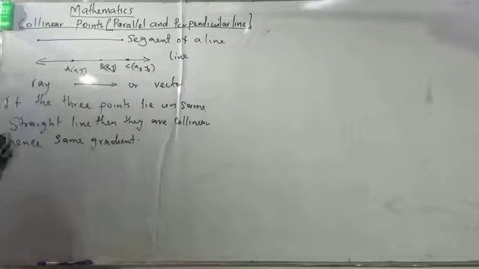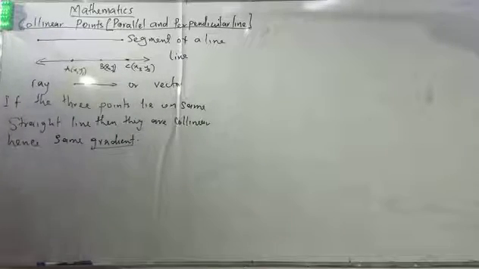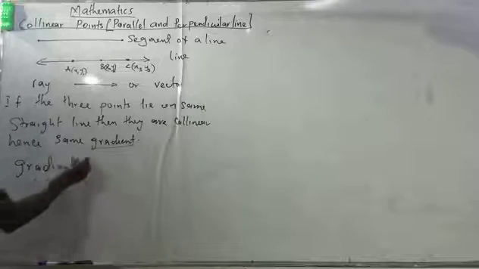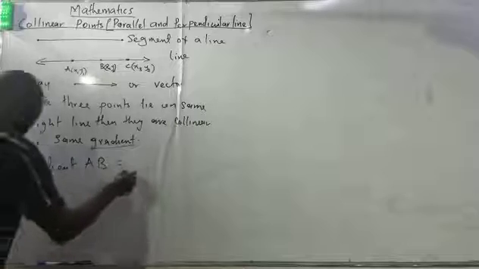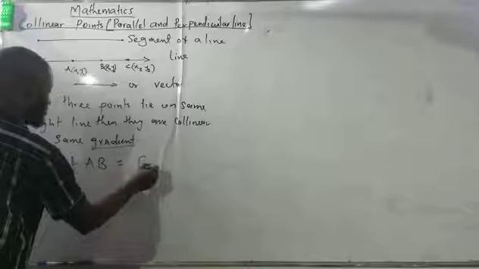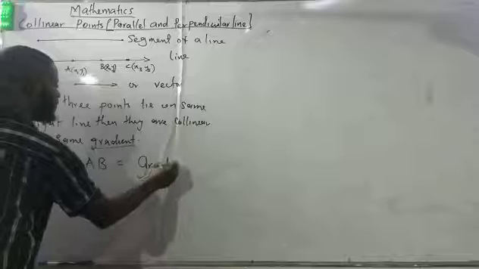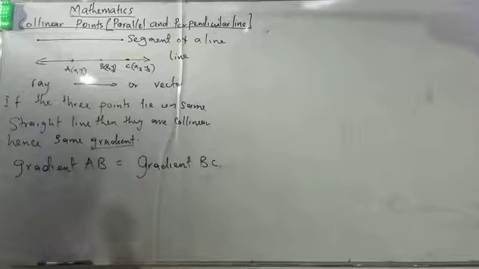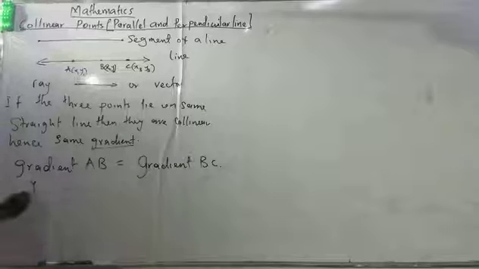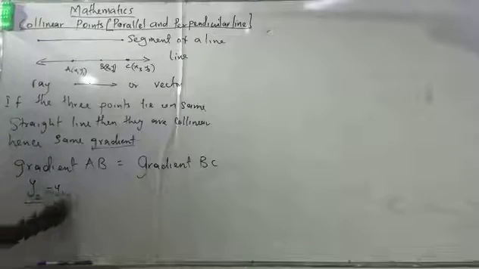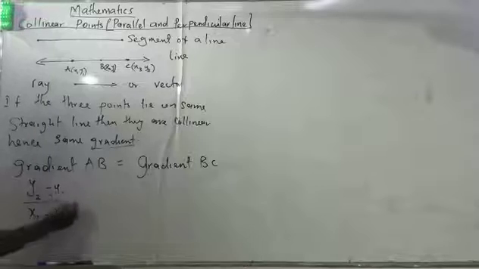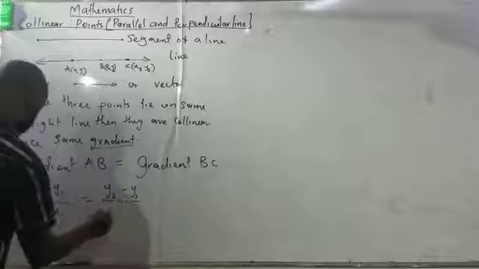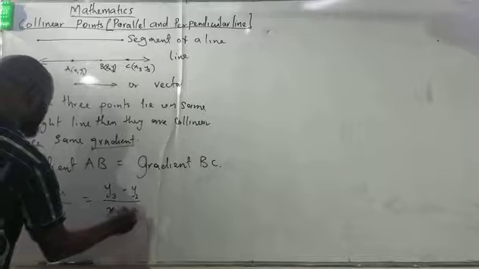For me to confirm they have the same gradient, the gradient of AB must equal the gradient of BC. The gradient is (y2 minus y1) divided by (x2 minus x1), equals (y3 minus y2) divided by (x3 minus x2).